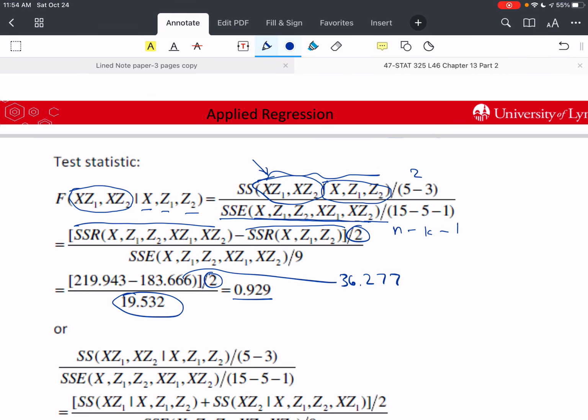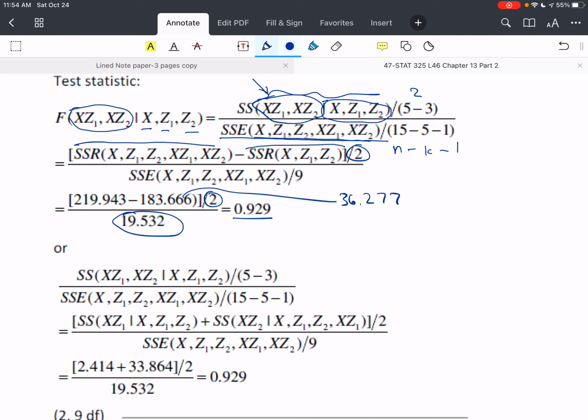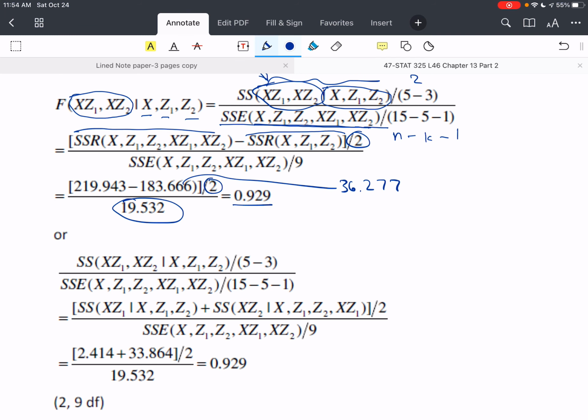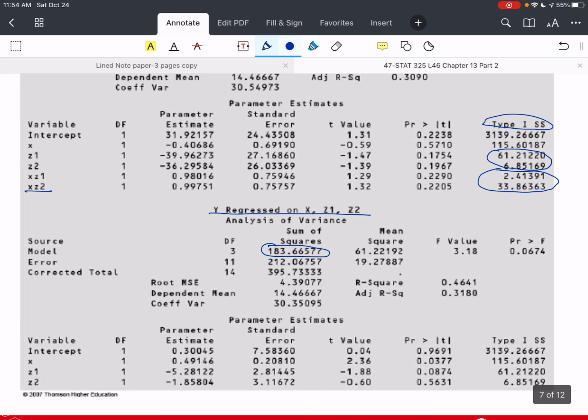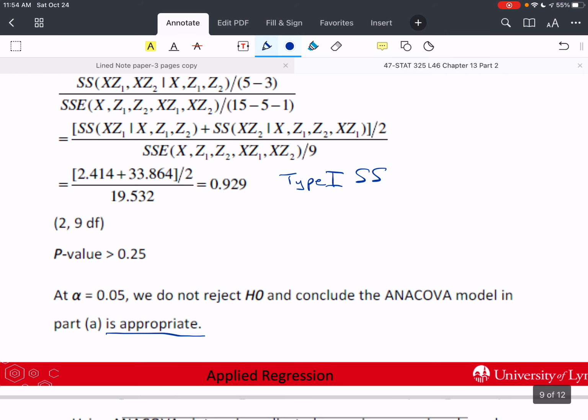We get 0.929, and they give an alternate calculation here where we could take the 2.414 and the 33.864 from the type 1 SS. So let's look at that. So that was, I think, the 61.2 and the 6.85. Is that right?